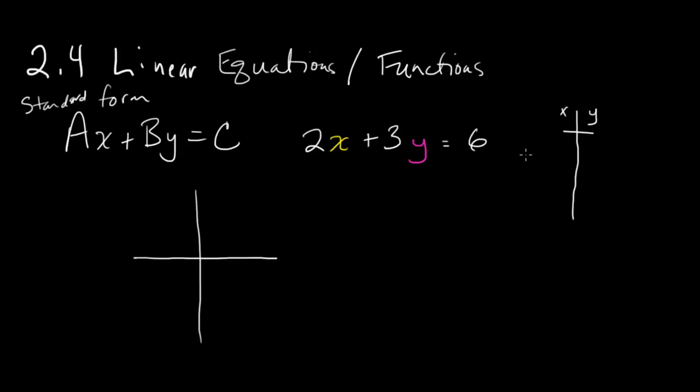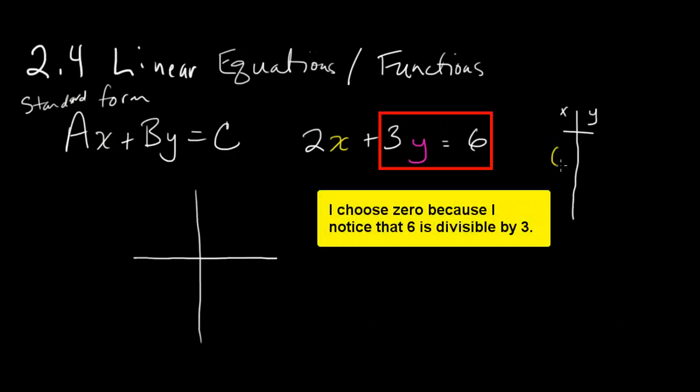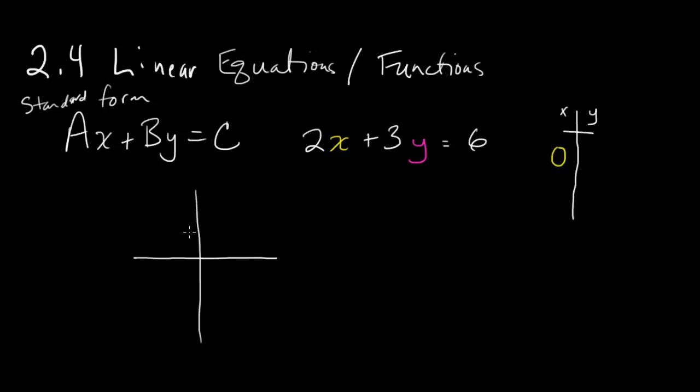So let's try some substitution values, shall we? Let's see if we can't do 0 for x and see where that would put us on the y-axis. See, when x is 0, we haven't gone either right or left, right? When x is 0, we're going to be right here on this axis.